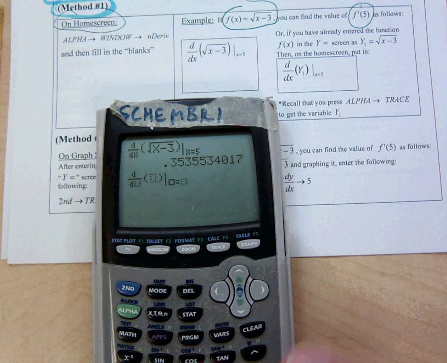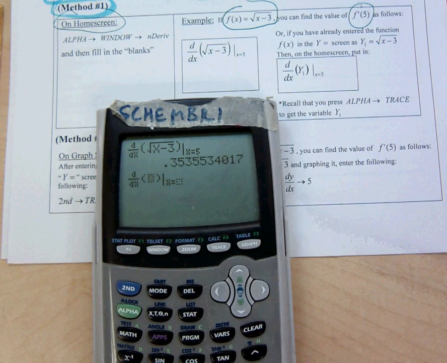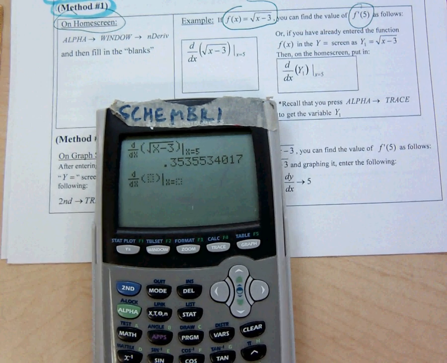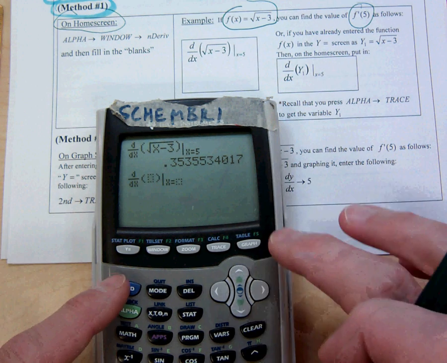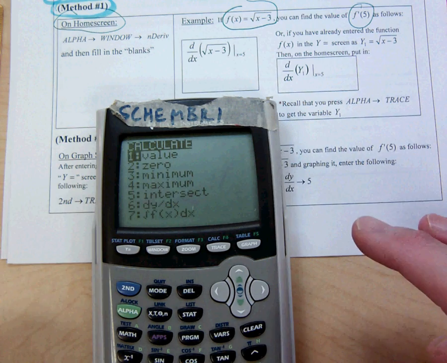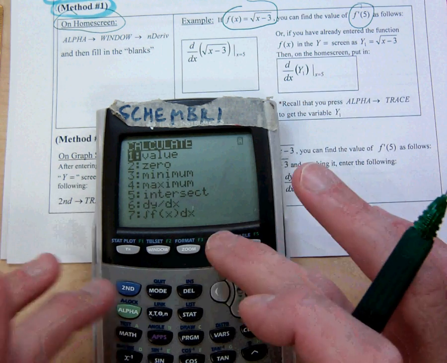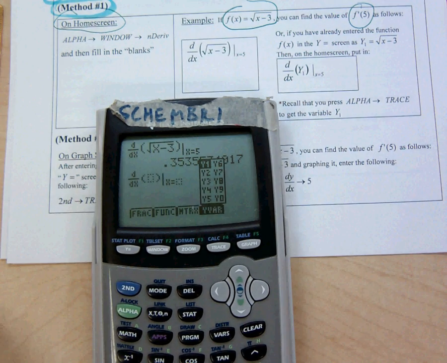You still want an x, but here's what's going to be different. Instead of typing in the function again, what can I put right there? Where is my function? It's under y1. How do I get y1 there? Alpha trace. If you hit alpha trace, you can choose y1, y2, whatever you want.